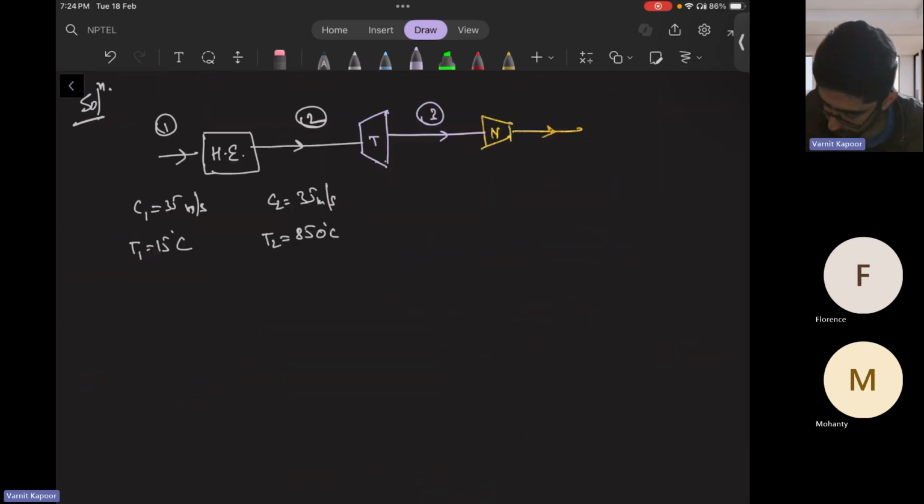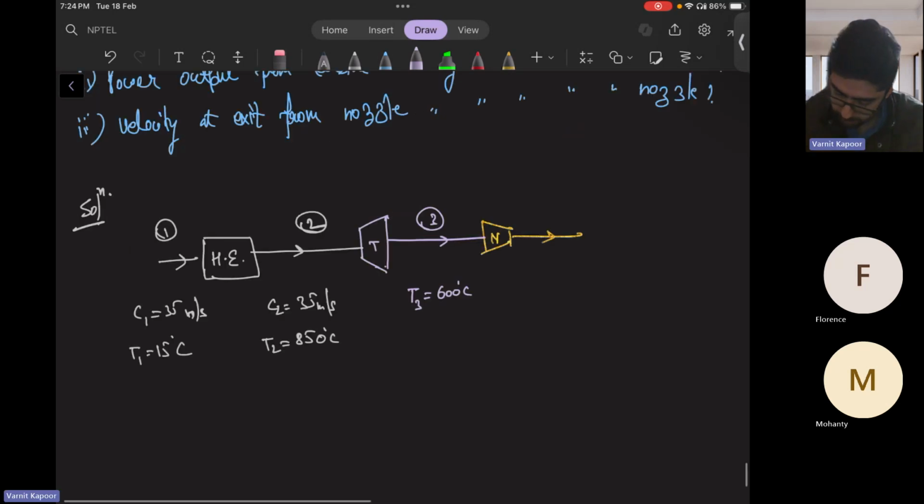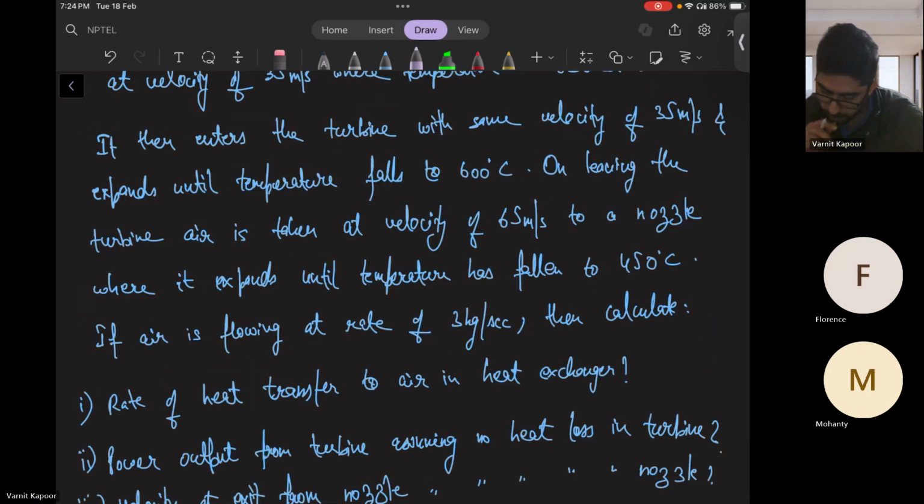So T3 here is 600 degrees Celsius, given to us. On leaving the turbine, air is taken at a velocity of 65 meters per second.